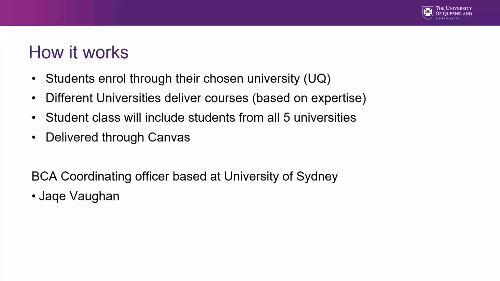So it's very nice in that way. The courses are generally delivered through the University of Sydney Canvas site, so it's all one integrated platform, and that all works well. And we have a BCA coordinating centre based at the University of Sydney, and we've got Jackie Vaughan, who's the overseer of that coordinating centre.